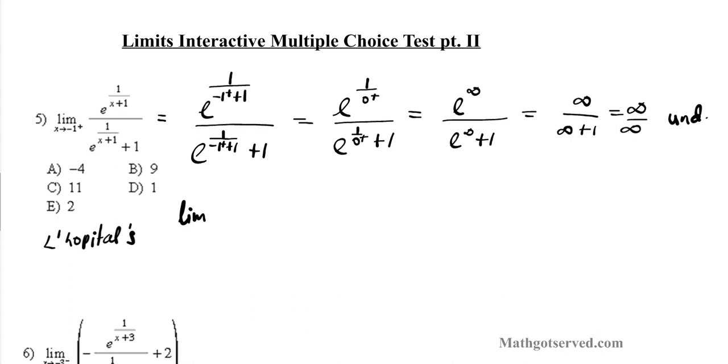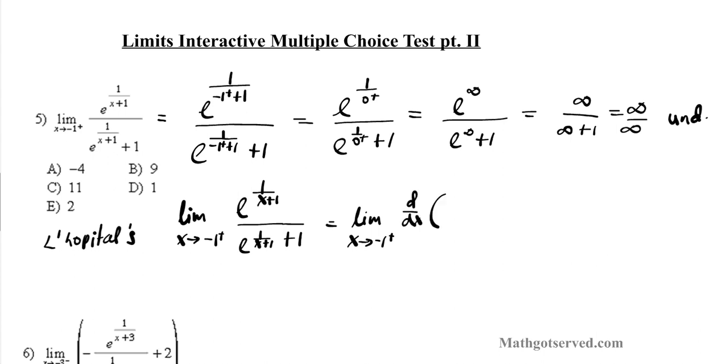So for L'Hopital's rule, the limit as x approaches -1 from the right of e to the 1 over x plus 1 divided by e to the 1 over x plus 1 plus 1 is basically the same thing as the limit as x approaches -1 from the right of the derivative, d dx of the numerator e to the 1 over x plus 1, over the derivative of the denominator, d dx of e to the 1 over x plus 1 plus 1.